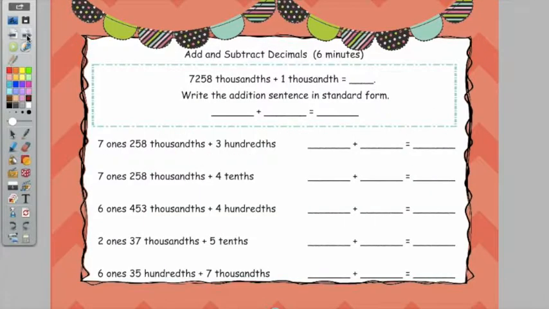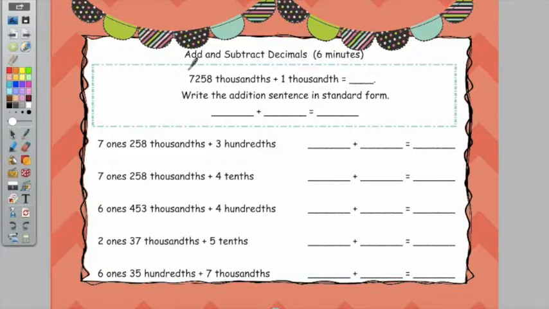Okay, this next part is review, and I really like it. So we're going to take it from unit form. Unit form is here, okay, and rewrite it in standard form. Plus, we're going to use that strategy of drawing an arrow to the place value we're changing. Okay? So let's start with standard form. 7,258.